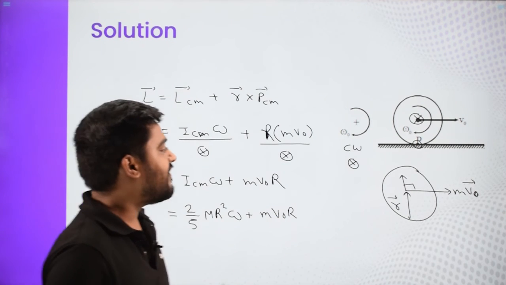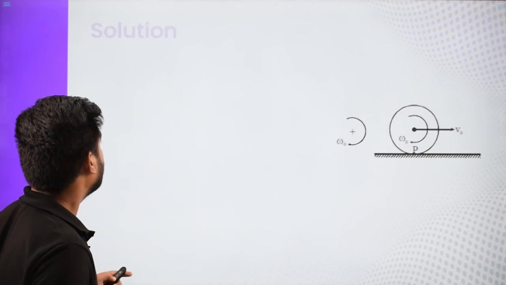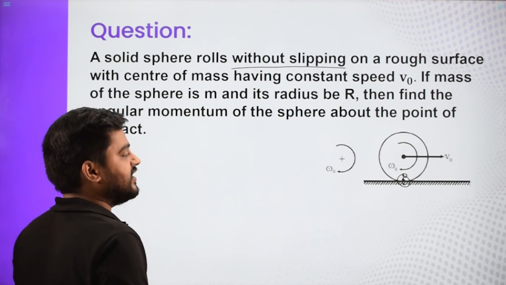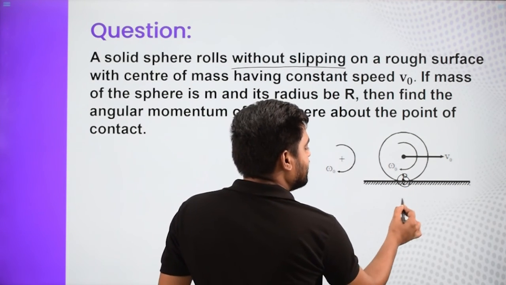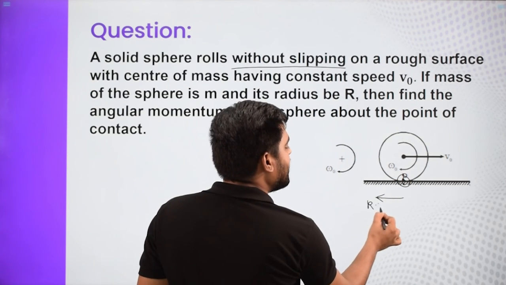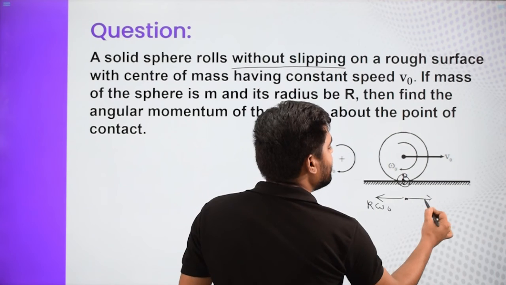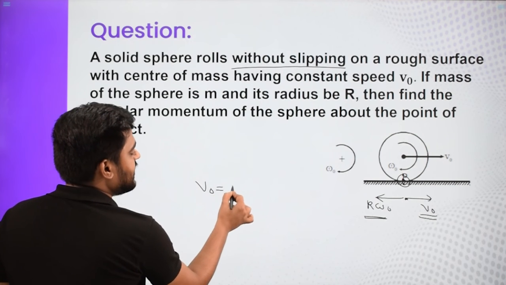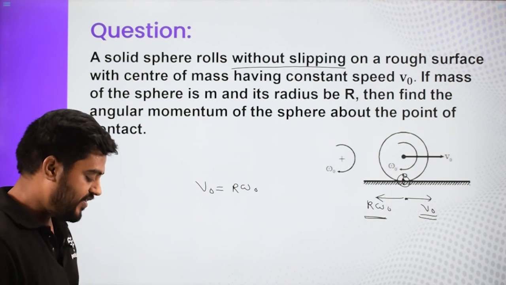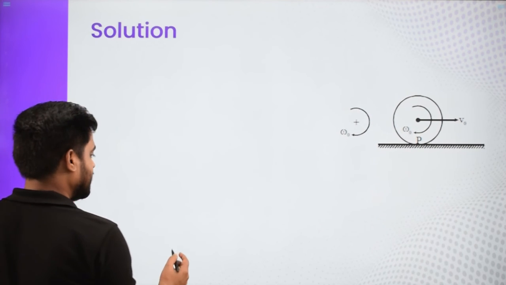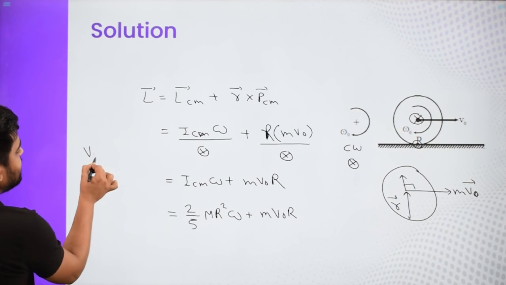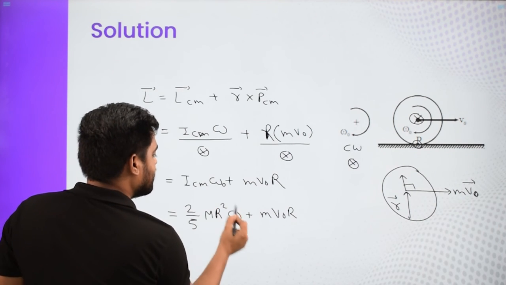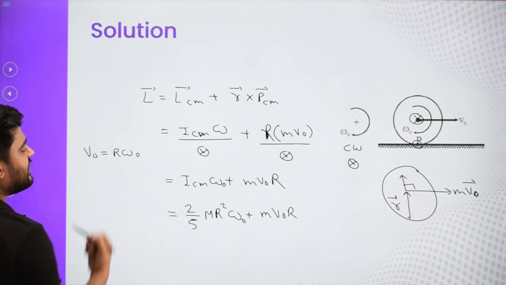But they have given that the solid sphere rolls without slipping. If it is rolling without slipping, what is the condition? This point has a velocity of r omega naught in that direction, and in the other direction the velocity is v naught, which is vcm. So v naught must be the same as r omega naught.